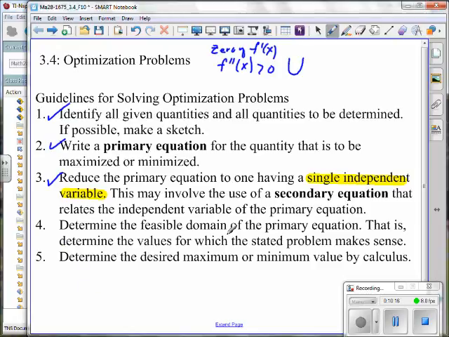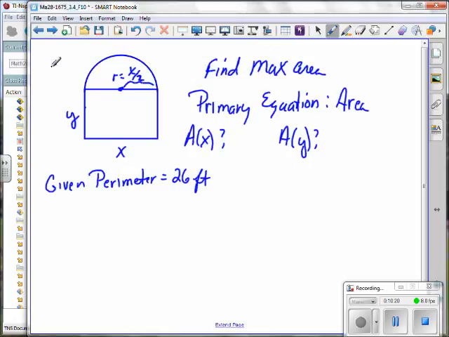Okay, determine the feasible domain of the primary equation. Well, if I come up with this area here and I somehow take its derivative and then find critical numbers of my area by finding zeros of my derivative, and I get a positive and a negative, is that in my feasible domain?